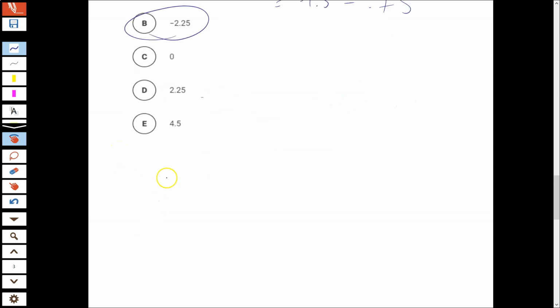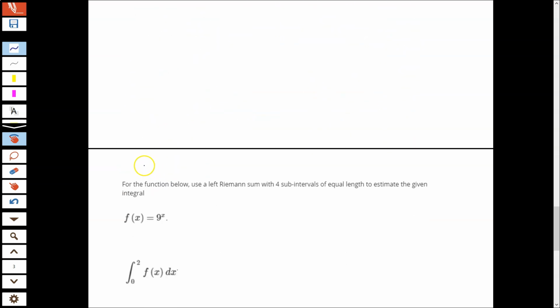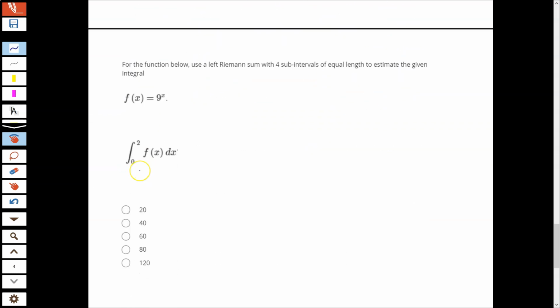Last one. Here we want a Riemann sum. All left Riemann sum here. I didn't do that on purpose. So we want a Riemann sum. We're given now the function. We have the integral from 0 to 2. We have 4 subintervals. So you can do this little formula that we saw in earlier lessons, 2 minus 0 over 4.